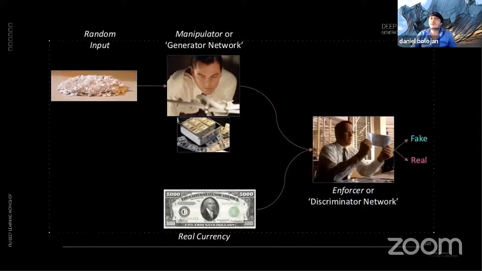Yeah, so this is an analogy that was explained also at the beginning. You have random inputs, then you have the generator, which is the forger that looks at that random input and tries to figure out how to create money out of it. Then you have an enforcer that looks at that fake money and decides if it is fake or real money.